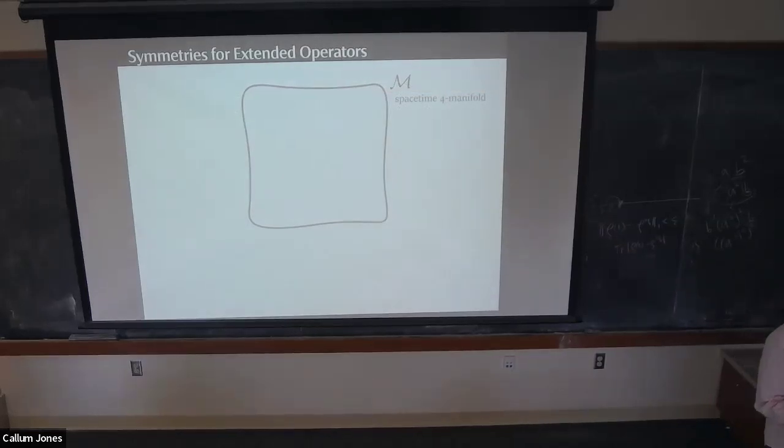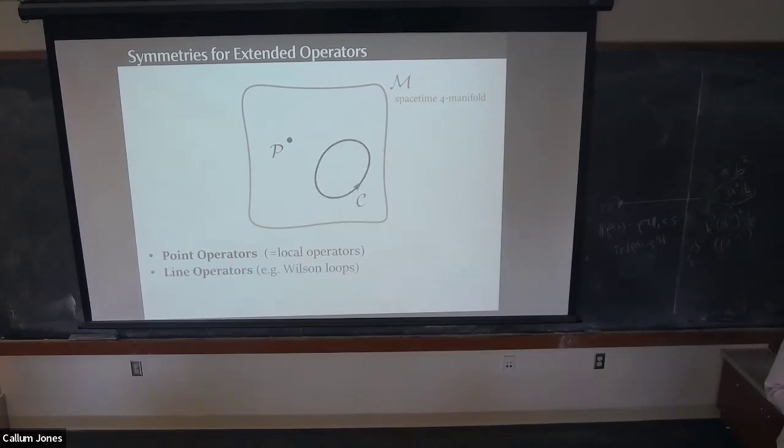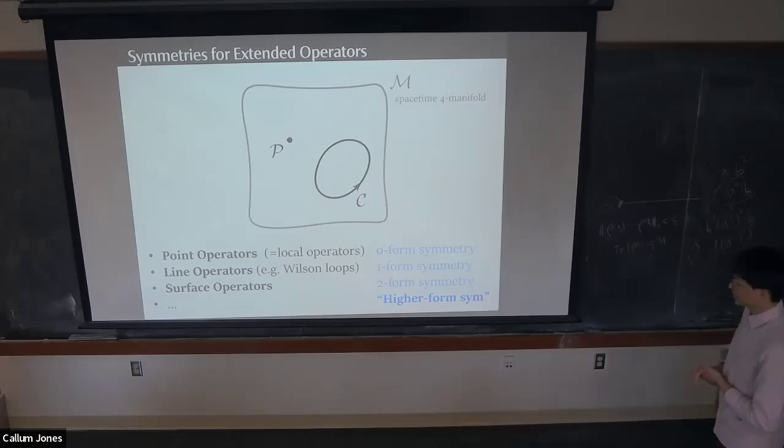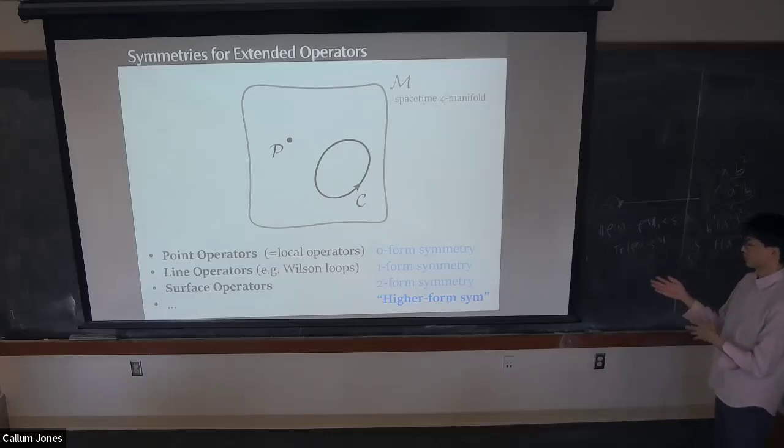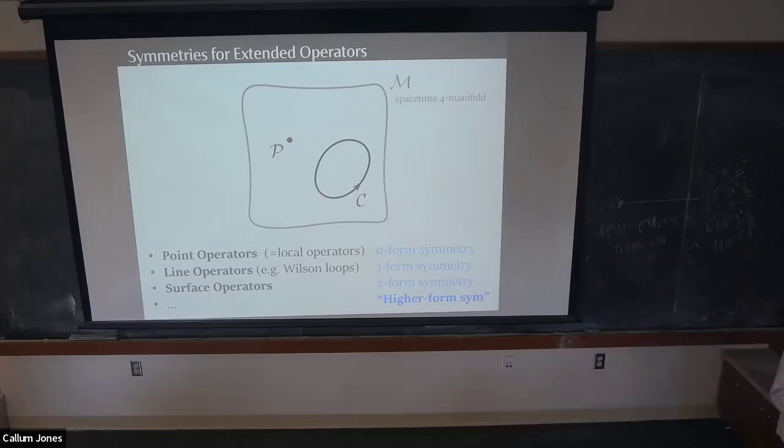But it turns out that we not only have the local operators, which are supported on points in our spacetime manifold, which I denote as M, but also operators that are supported on lines, and also higher dimensional supports. So in this case, the symmetry is generalized, and we call those symmetries 0-form, 1-form, 2-form, and in general higher form symmetries.